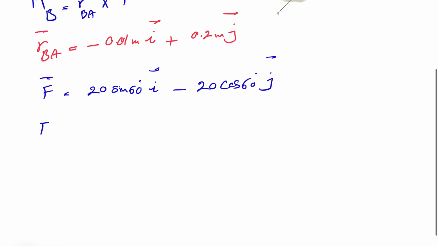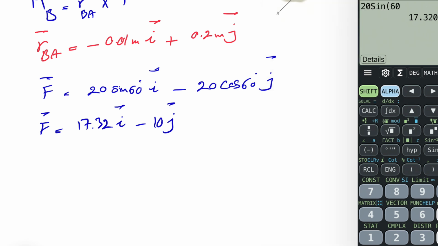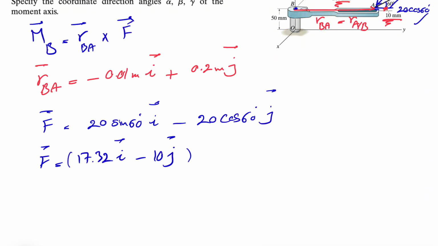Let's calculate these two, and after that we can find our determinant in order to find the moment. So 20 sine of 60 is 17.32 i, and we know cosine of 60 is 0.5, so 20 divided by 2, minus 10 j, and the unit is Newton.